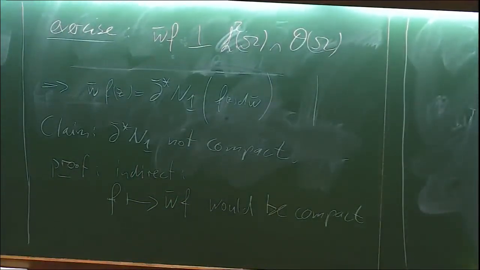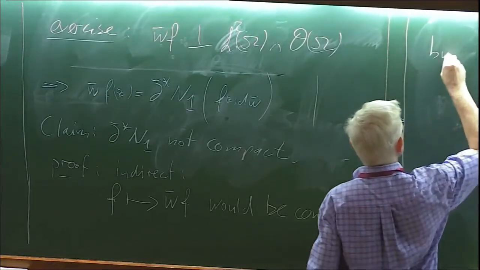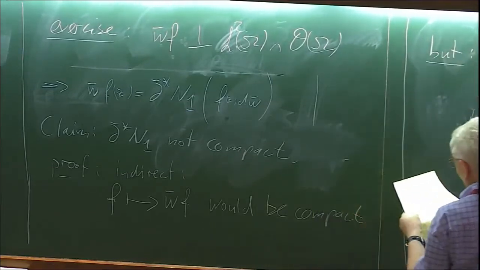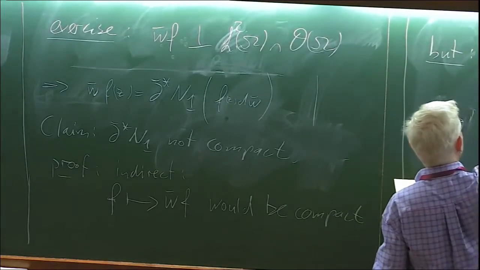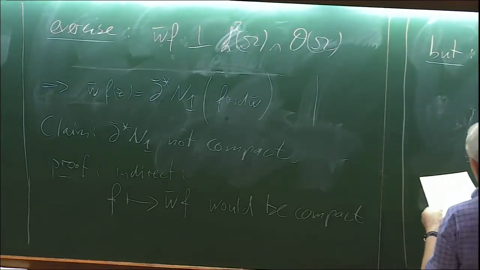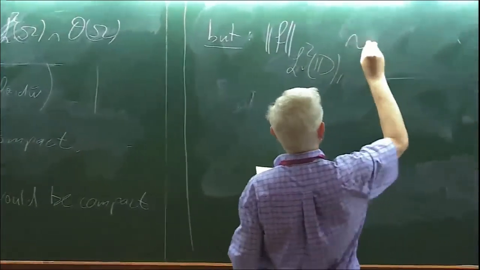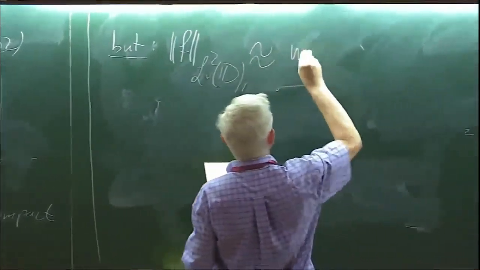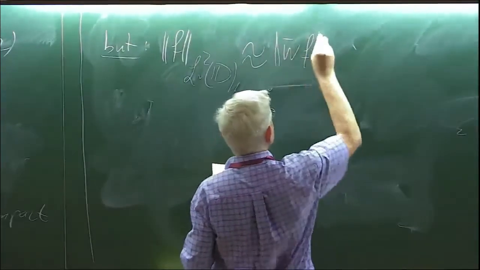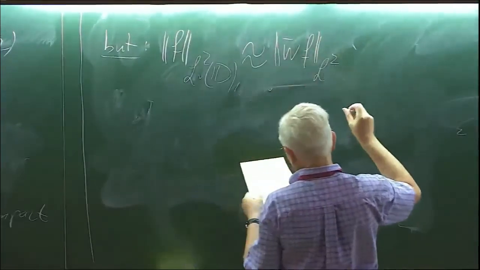And that turns out to be a problem. I'm not going to compute the details, but it's not hard to check the norm of f in L2 of the disk is comparable to the norm of w bar f in L2 of the bidisk.